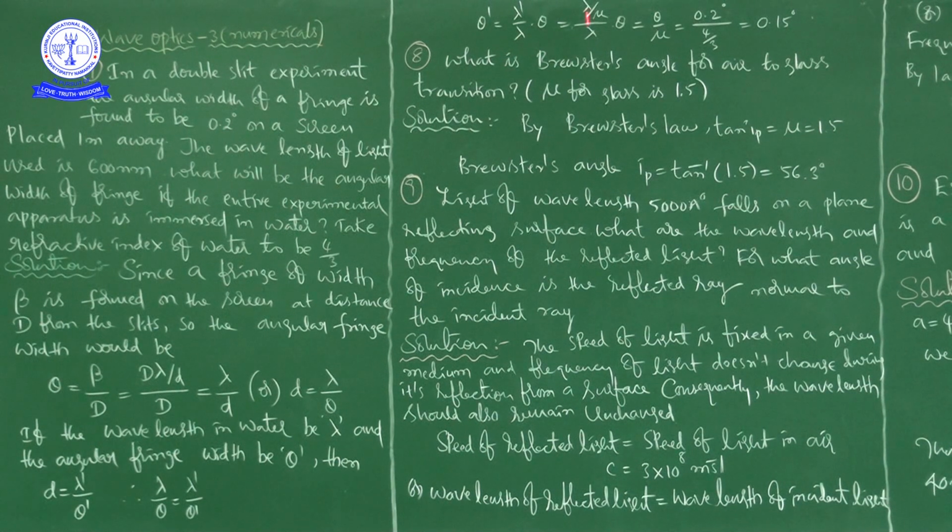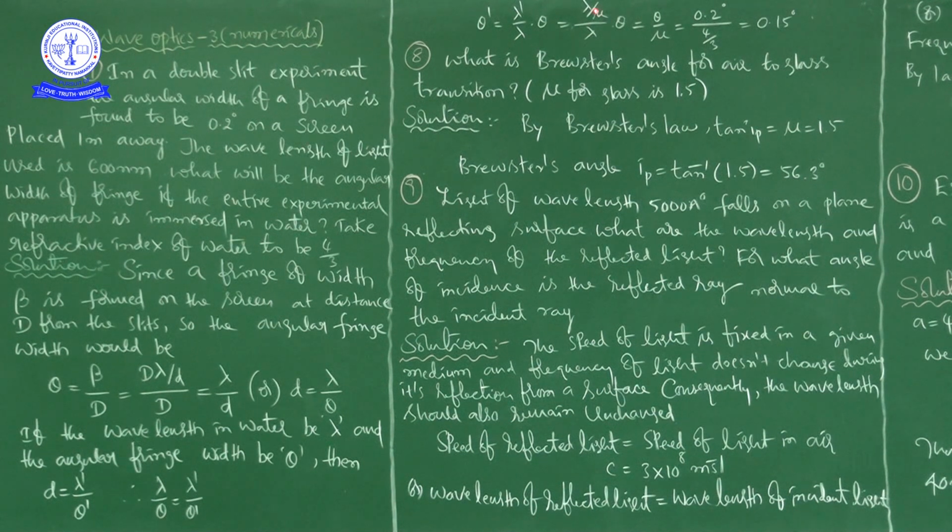This is mathematical I am writing. How we are getting this one is the concept, but from this step it is purely mathematical. Lambda dash into theta by lambda, and here lambda dash you can write as lambda by mu.